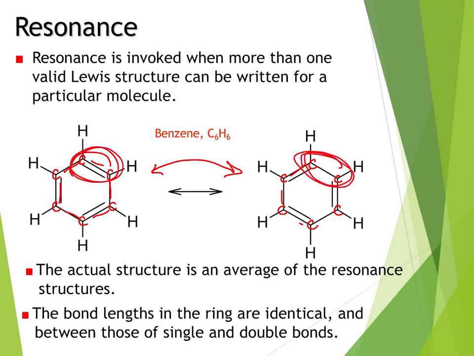And so, averaging these 2 structures, all of the bond lengths look like 1.5 bonds. They're somewhere between a single and a double bond. So it's not like the structure on the left, it's not like the structure on the right, it's somewhere between the 2. So this is what resonance is, when we can draw more than one Lewis structure for a given compound.